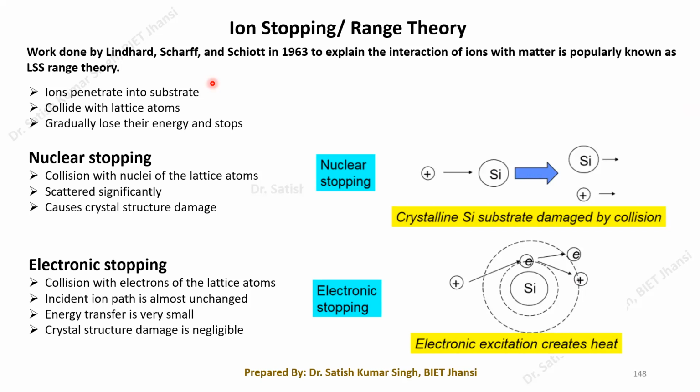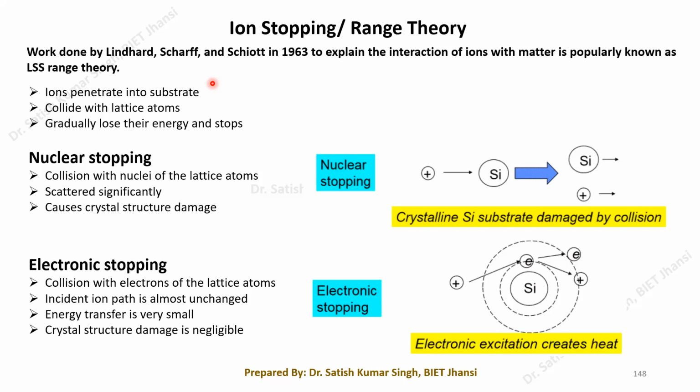After Rutherford, there was one more scientist, Bohr. Bohr also attempted to unify theories of ion stopping by matter, and he gave a hypothesis that the energy of the ions can be lost due to nuclear stopping or electronic stopping.